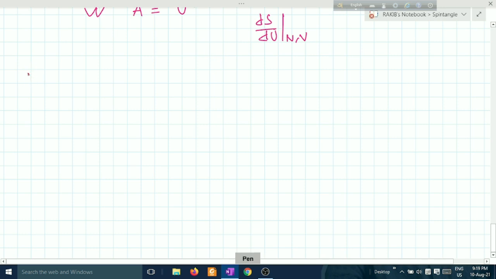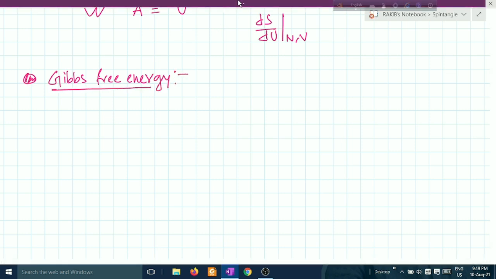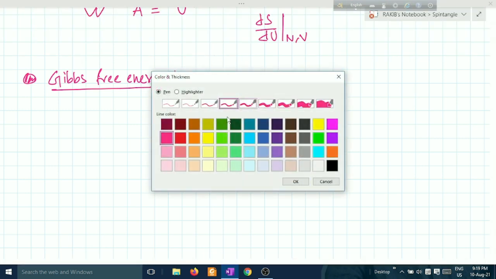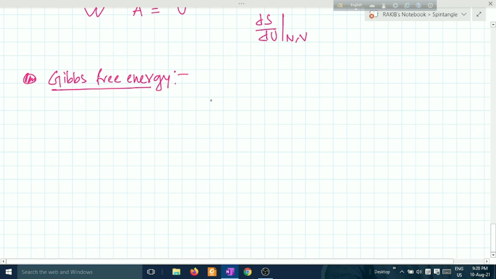Now the point is Gibbs free energy. Let me change the ink. How to find it? We know that the entire formula of this was G is equal to U plus PV minus TS equals mu N. Therefore, you can conclude G is equal to mu N easily.